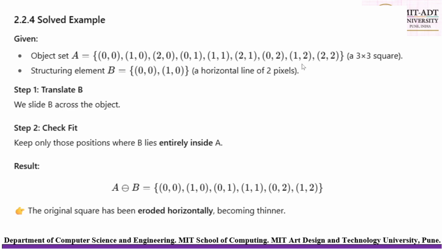So erosion will give me the original square eroded horizontally. It has become thinner in the horizontal direction. So this will be my result.